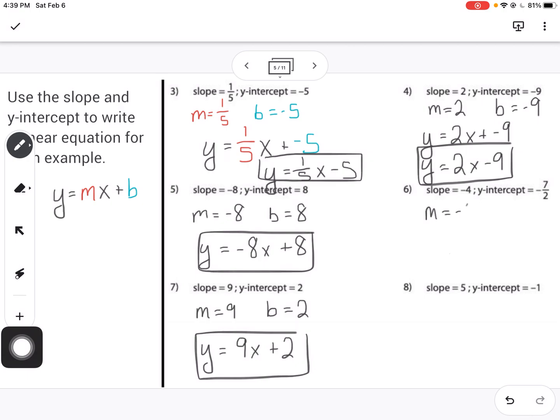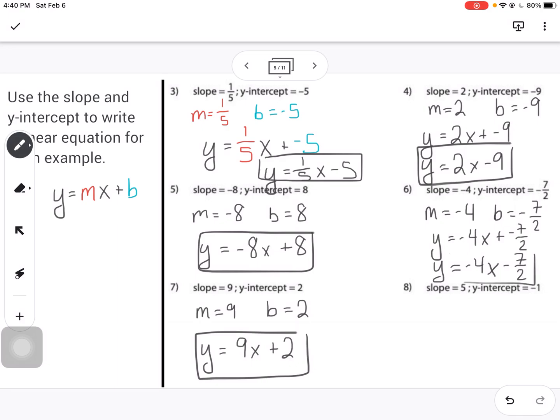M equals -4, b equals -7/2, y equals -4x plus -7/2, or y equals -4x minus 7/2.